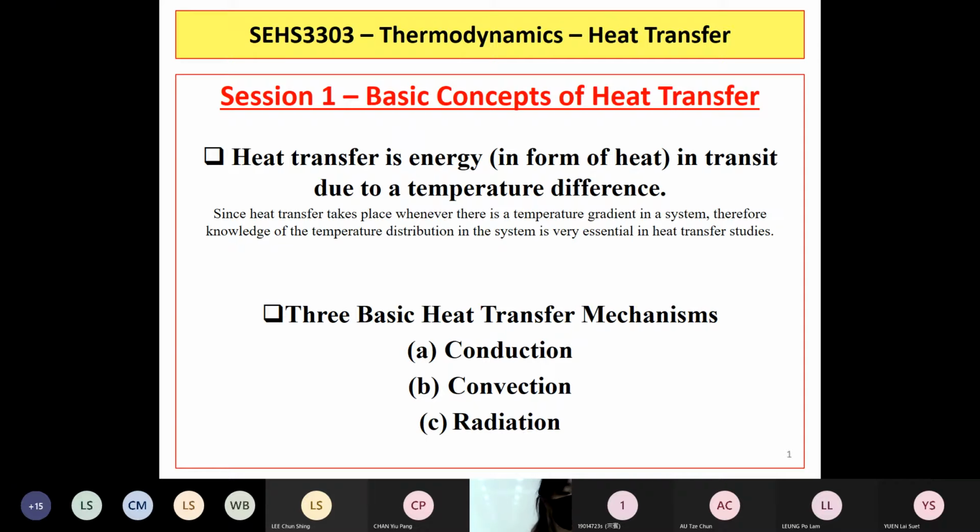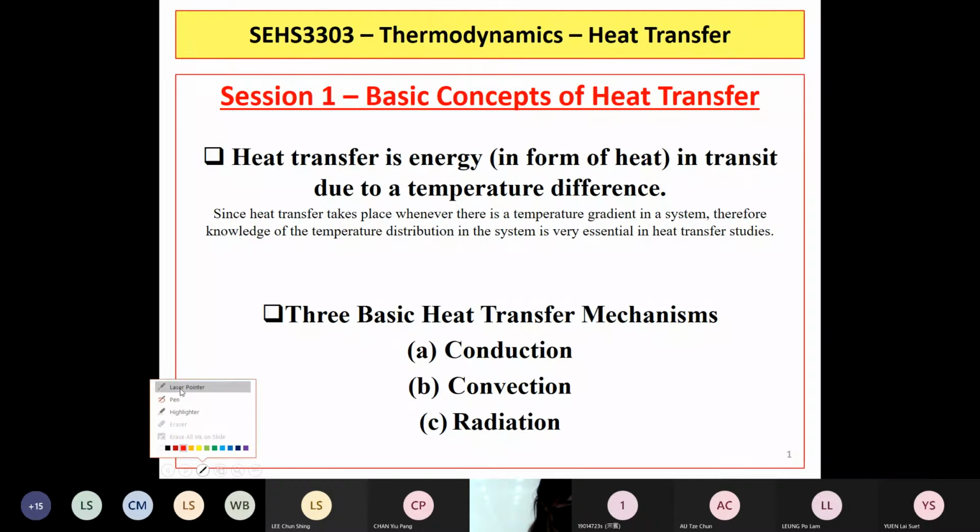That means that if there is a temperature gradient in the system, heat transfer will take place. So, the knowledge of the temperature distribution in the system is very important.